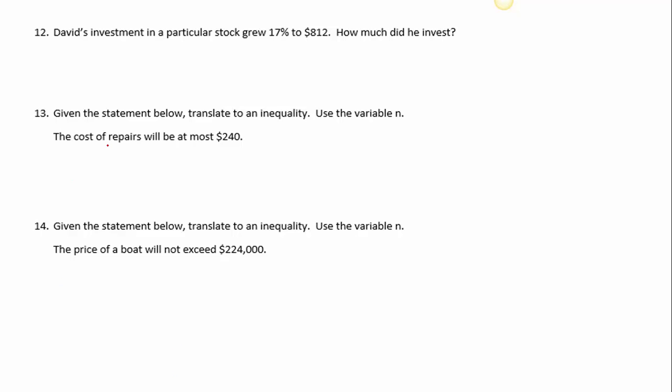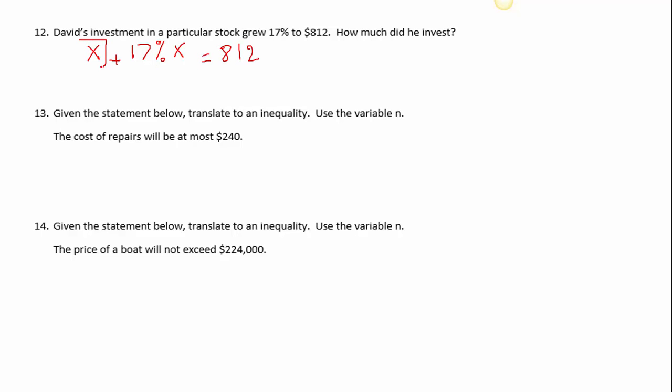David's investment in a particular stock grew 17% to 812. How much did he invest? So it grew 17% and now it is 812. So if the original investment is x, we're going to add 17% of x to it, and the answer would be 812.